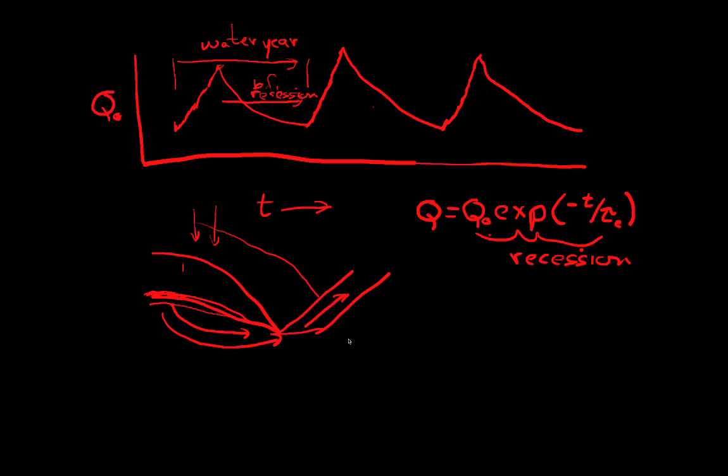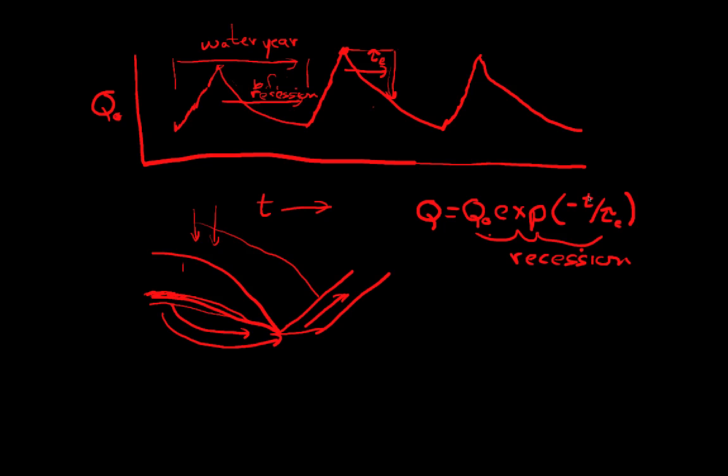Okay, and let's just look at what this equation tells us. If we have some value here, this value is going to decrease, and after a time interval tau sub e, after one time constant, the amount of flow is going to be down by exp(-t/tau).